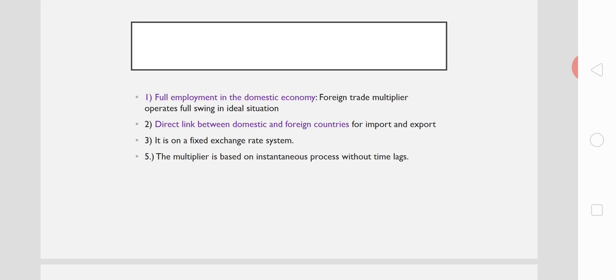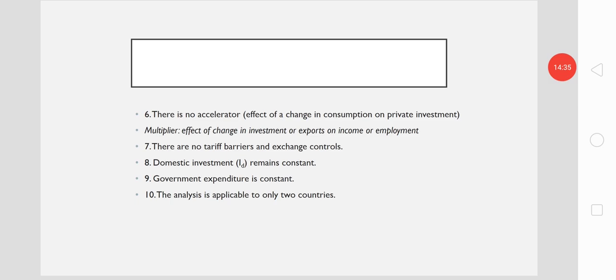Fourth, the multiplier is based on an instantaneous process without any time lag. No accelerator is assumed. That means the effect of change in consumption on private investment is not considered here. There are no trade barriers and there will be no exchange control. Domestic investment remains constant. Government expenditure is constant.